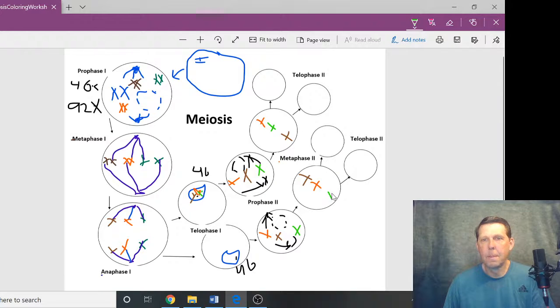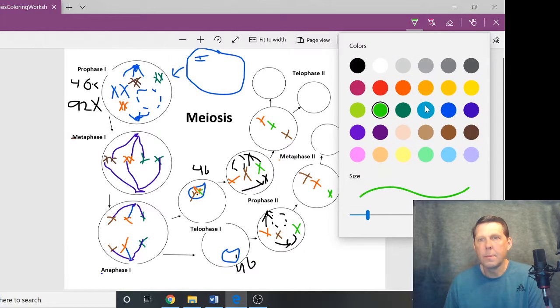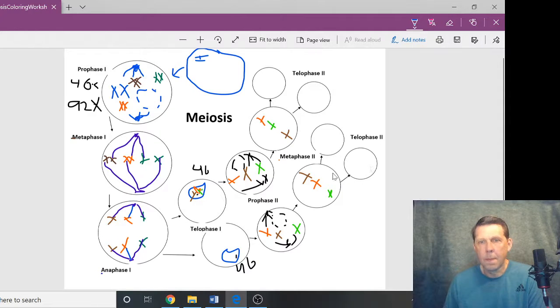Green guy. Okay. All right. So what should we draw else in here? Well, looking back at metaphase I, we should have centrioles and spindle fibers, right? One for you, one for you, one for you.